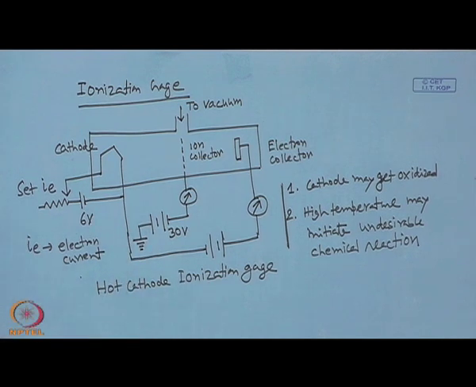In case of cold cathode ionization gauge, no heated filament is used to produce electrons. Instead, a high electric field of about 4000 volt or 4 kilovolt between cathode and anode is used to draw out electrons.